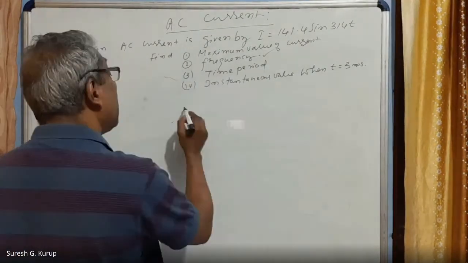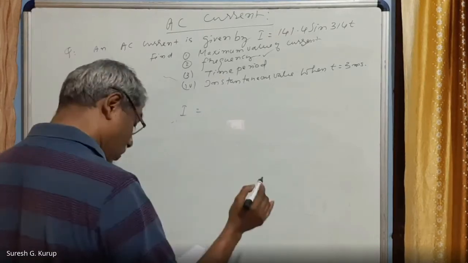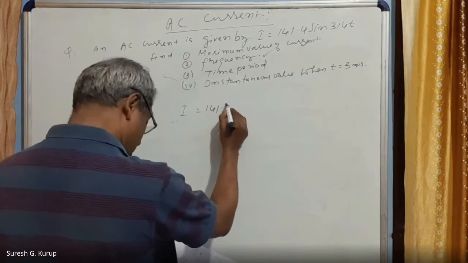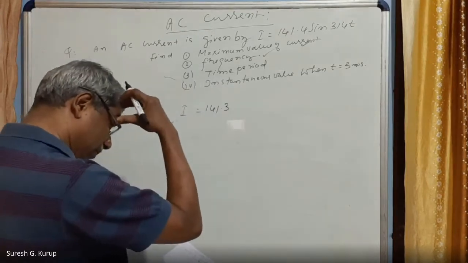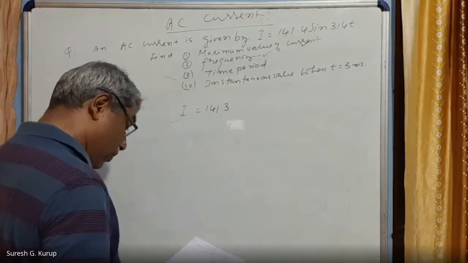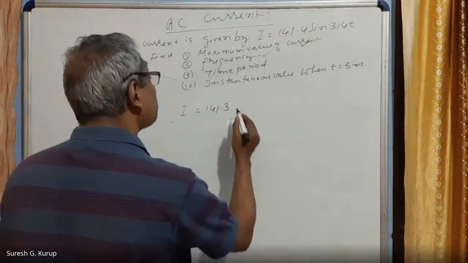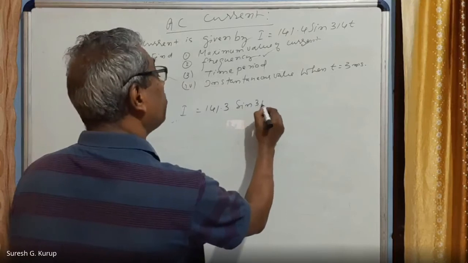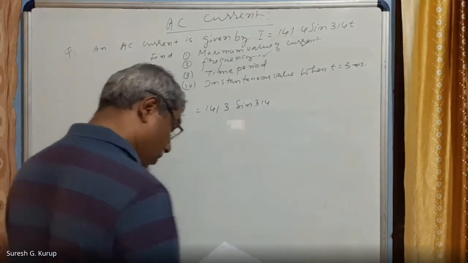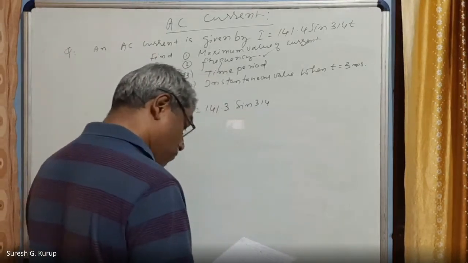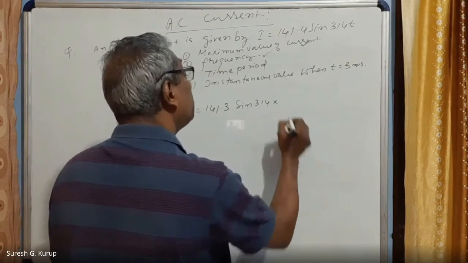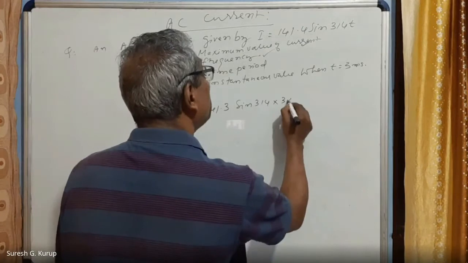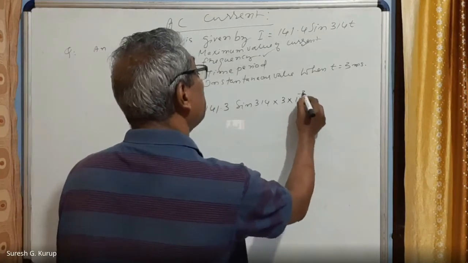In this case, we have the instantaneous I is equal to 141.4 into sine of 314 into 3 milliseconds. 3 milliseconds is 3 into 10 raised to minus 3.